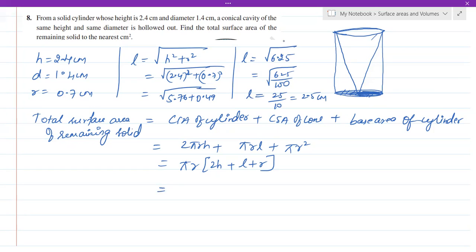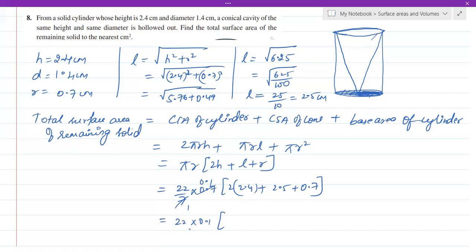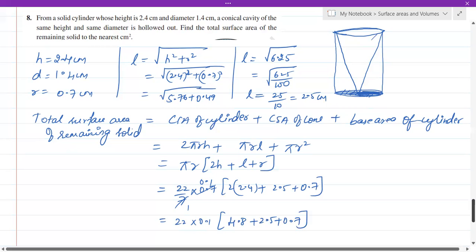Pi value is 22 by 7 and r value is 0.7. 2 into h is 2.4, l is 2.5, plus r is 0.7. Now here you can cancel: 7 ones are 7, 1s are 1. So 22 into 0.1, and 2 into 2.4 is 4.8, plus 2.5, plus 0.7.